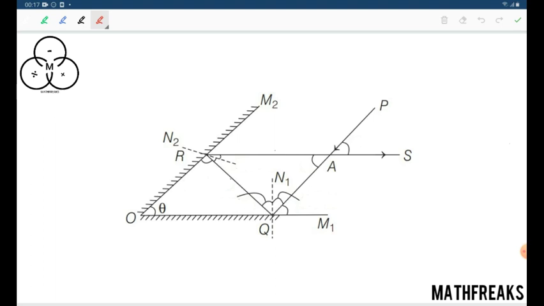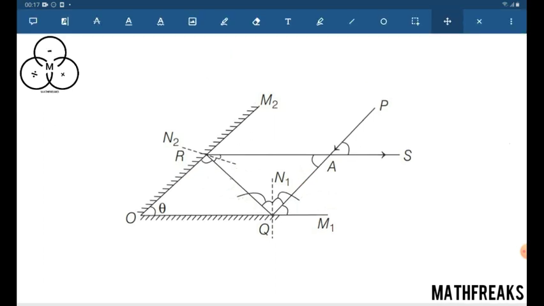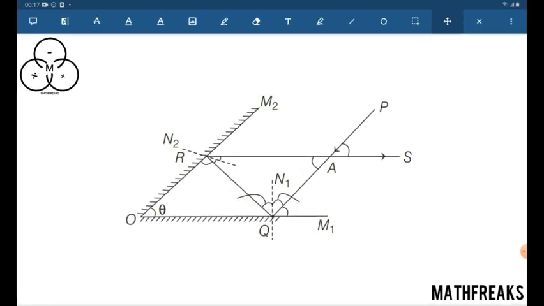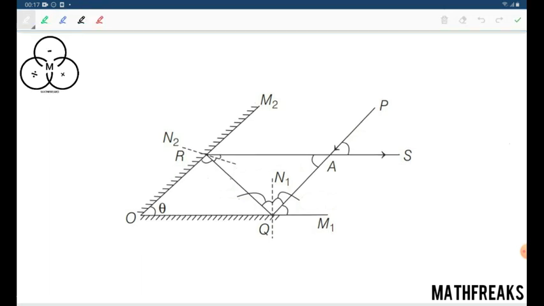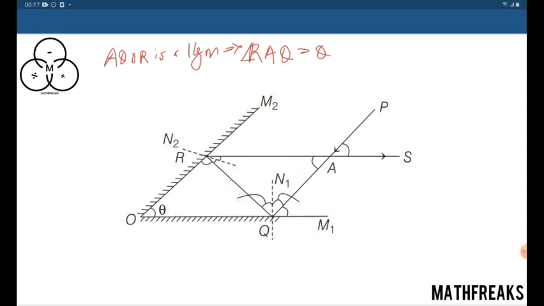Now since this is parallel to the first mirror and this is parallel to the second mirror, we can say that this is a parallelogram, AQOR. AQOR is a parallelogram, which implies that angle RAQ is theta.